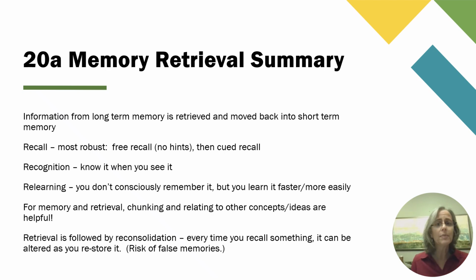Cued recall would be, if you just give me a little hint, I will get there. Next down from that is recognition. Like, I can't come up with it on my own, but if you say, "His name's Jim," you're like, "Yeah, it's Jim." Or relearning. Maybe I totally forgot that person's name, but the next time around I learn it more quickly and easily and it sticks a little bit better.